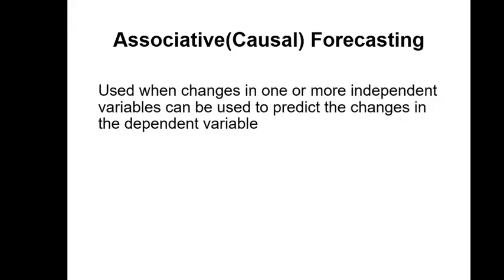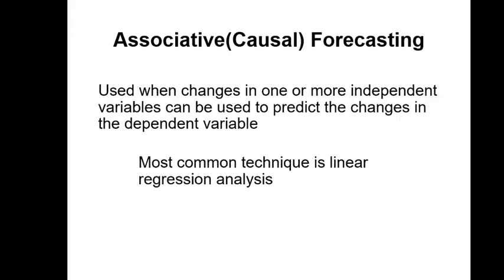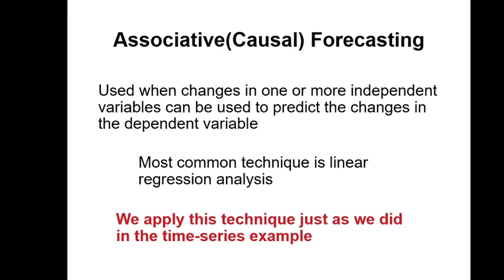Let's go now to the second model, because all of the methods that we have discussed are related to the time series methods, or models. The second model is the associative or causal forecasting model. Look at the note here in red. We apply this technique just as we did in the time series example we just finished.